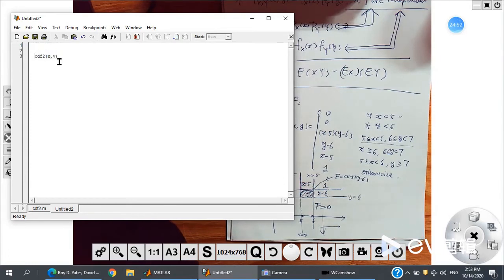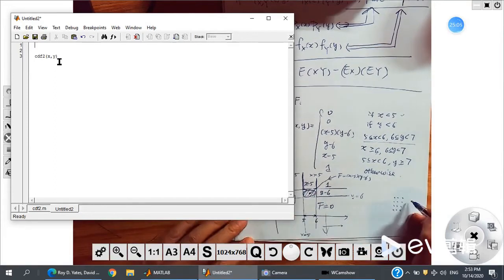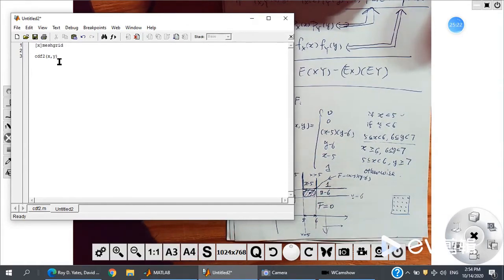In MATLAB, there is a function that can give the points like a grid, like this one. That is meshgrid. So I use X and Y equal to meshgrid.